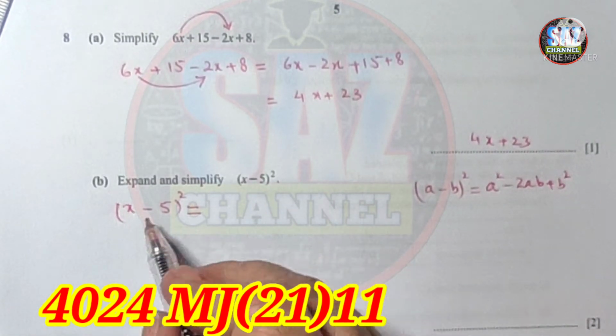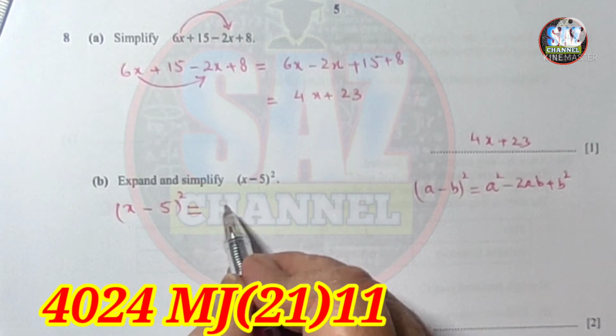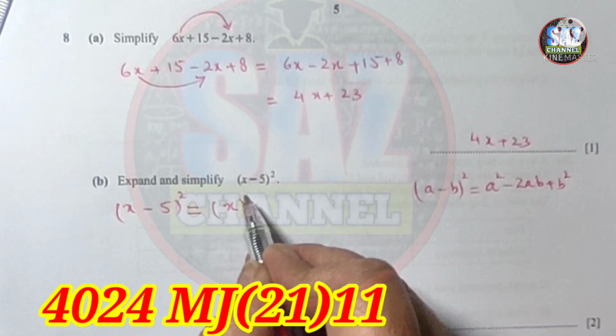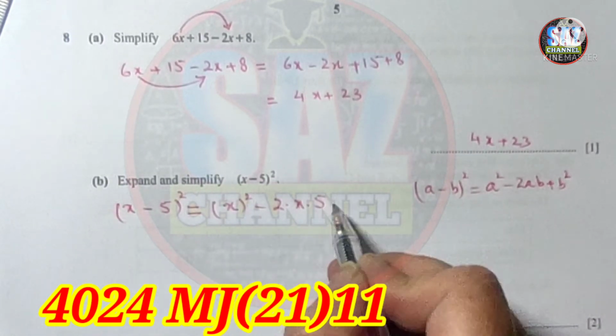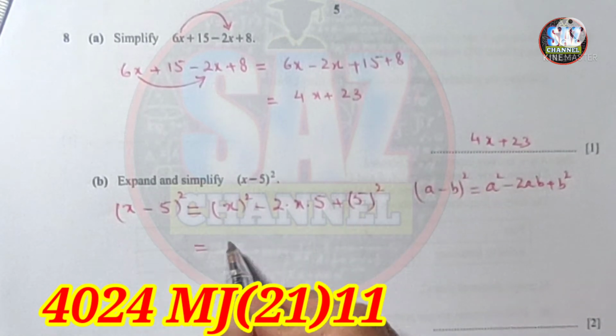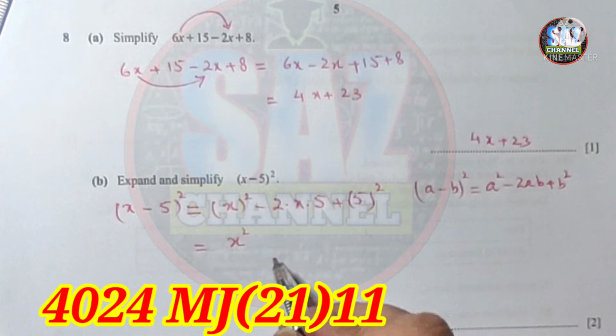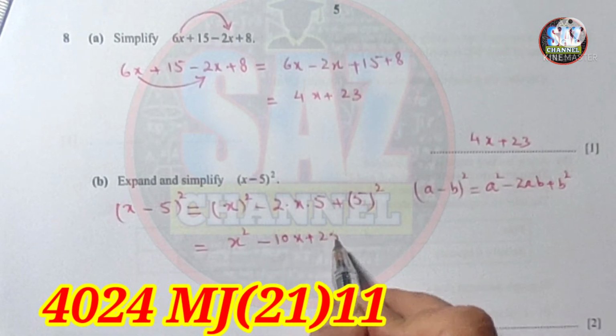Here a of the question is x and b of the question is 5, so it will take the form x square minus 2 into x into 5 plus 5 square, and this gives me x square minus 10x plus 25.